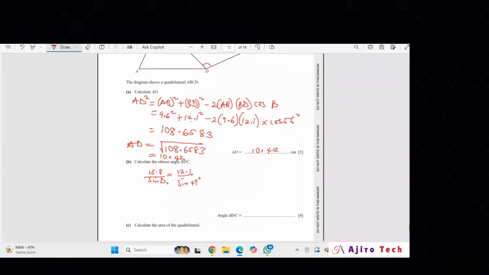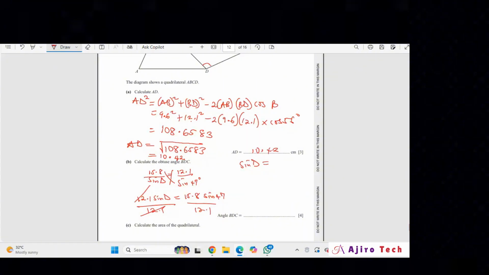From here, let's cross multiply, which is 12.1 sine D is equal to 15.8 sine 47. So divide this by 12.1, this one will cancel this. So sine D will be equal to 15.8 sine 47, which gives us 11.55, divided by 12.1.